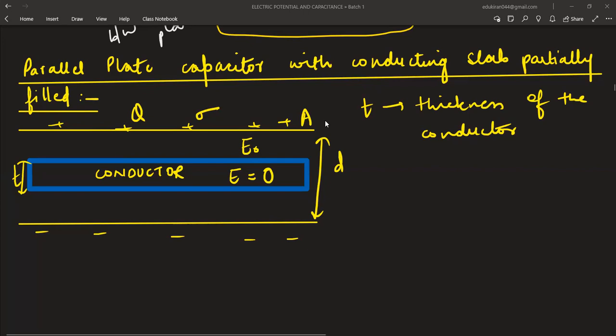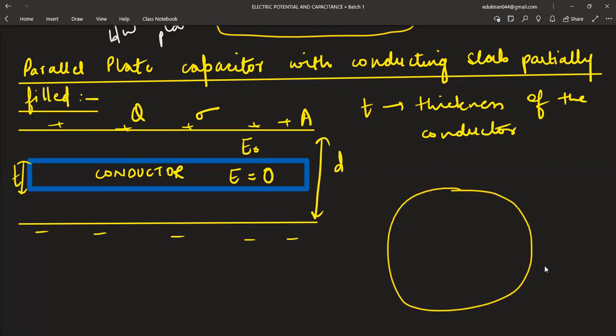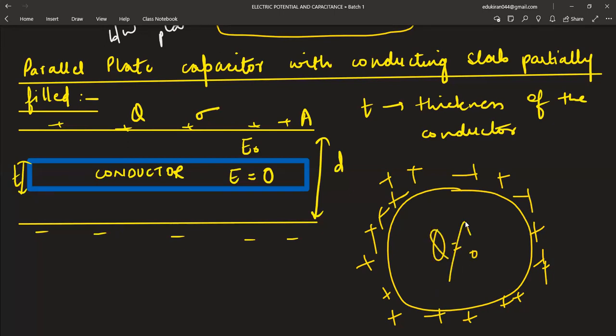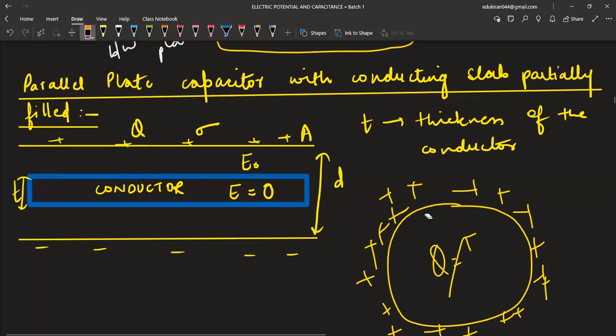See, class, in the first chapter only, I have told you, when we were studying that sphere, and even in the equipotential surface class, inside the conductor, no charge goes. Remember, I have told you all the charges which are present, they are present on the surface of the conductor only. So if no charge is present here, then we do not have any electric field present. So simply electric field is zero inside a conductor.